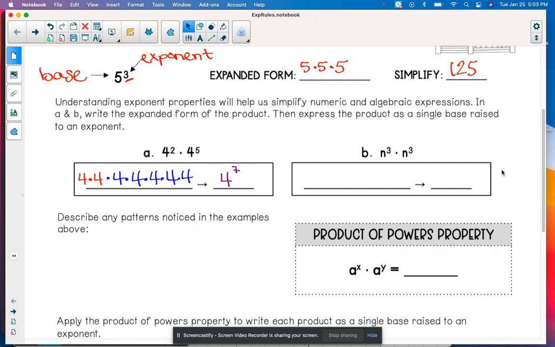So that's 1, 2, 3 n's. And then another set of 3. 1, 2, 3. And when we count all of these together, so again, 3 and 3, we count them together, we get n to the 6th.